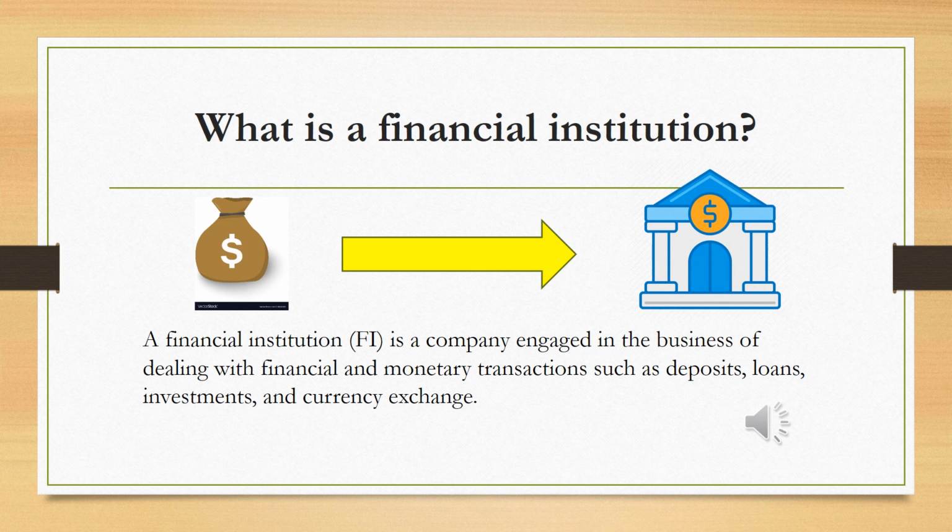Virtually everyone living in a developed economy has an ongoing or at least a periodic need for the services of financial institutions. And I'm sure that this would be true for you and members of your family.